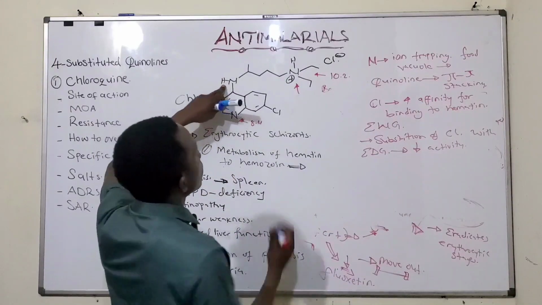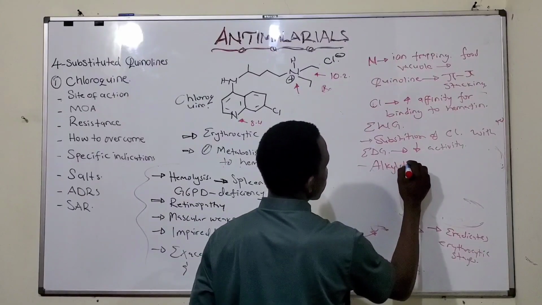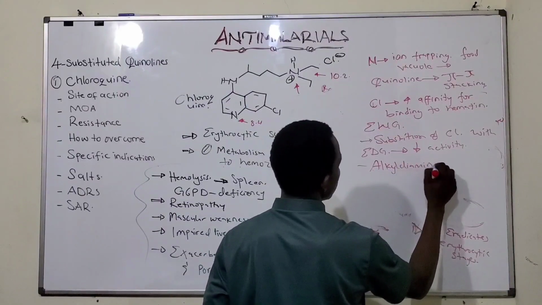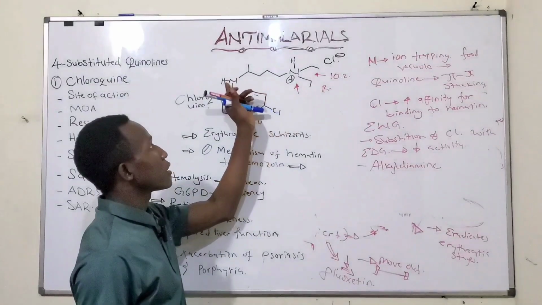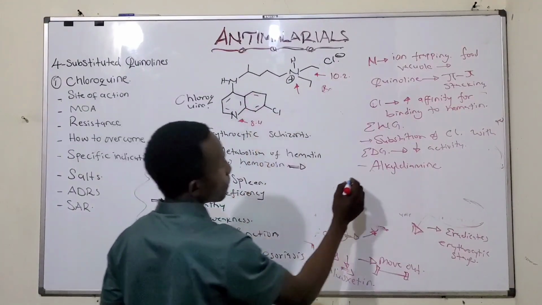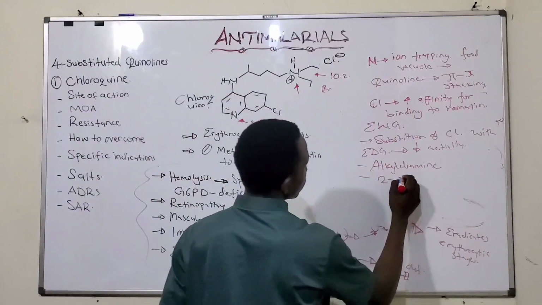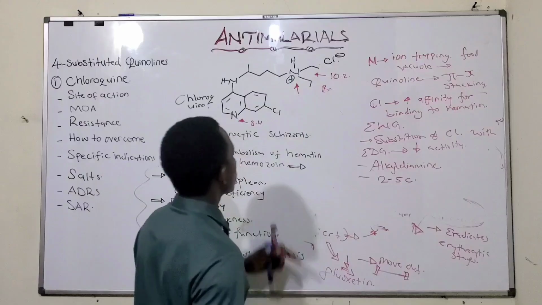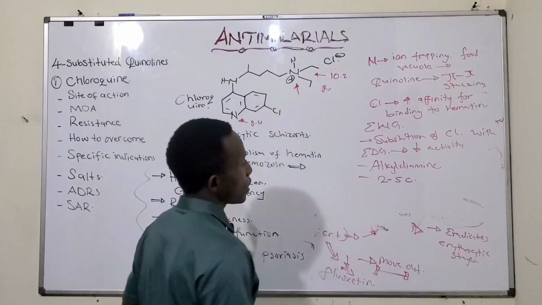Here, this chain should be an alkyl diamine. We should have these two nitrogens, this one and this one, with the alkyl group. So the linkage between this nitrogen and this nitrogen should be 2 to 5 carbons.